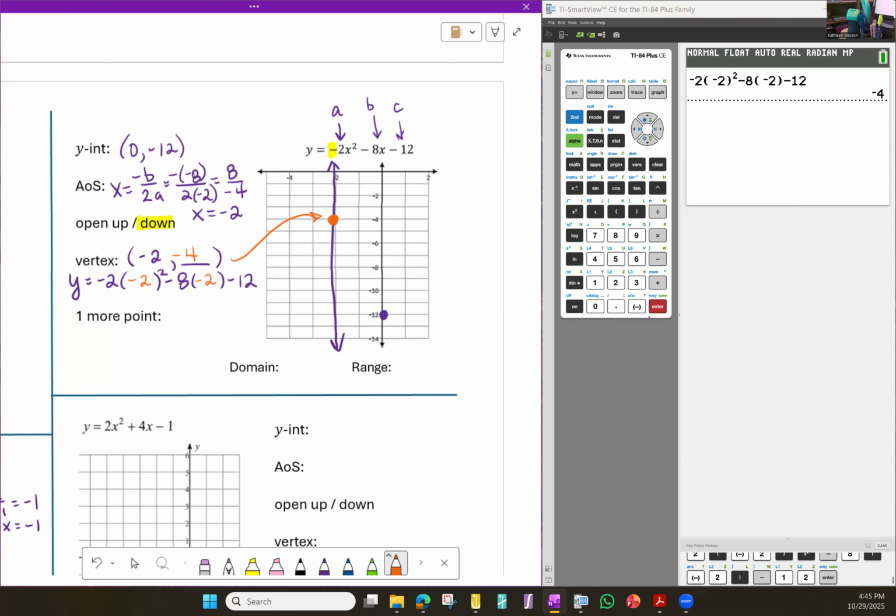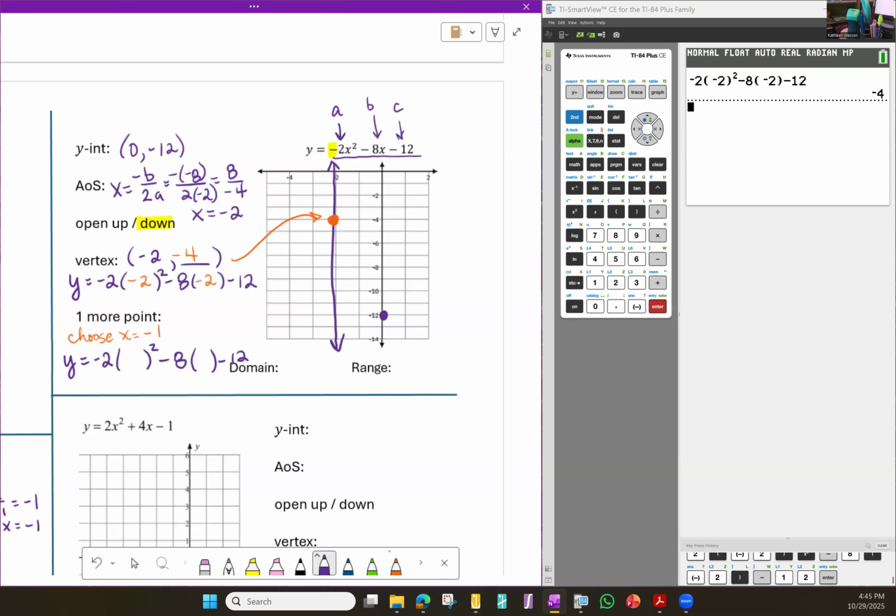Then I'll find one more point. You can choose any x. I'll choose x equals -1. So then I have y equals, using this equation right here, -2x squared minus 8x minus 12.